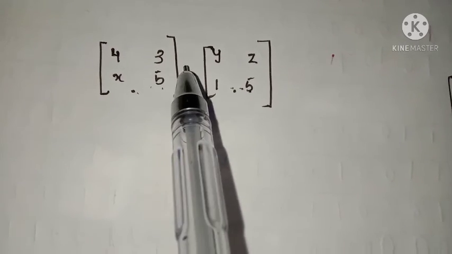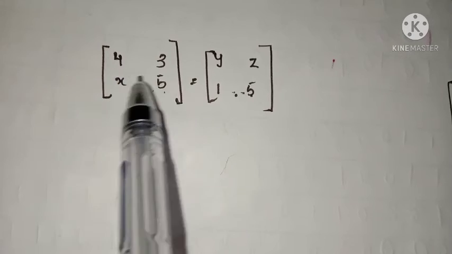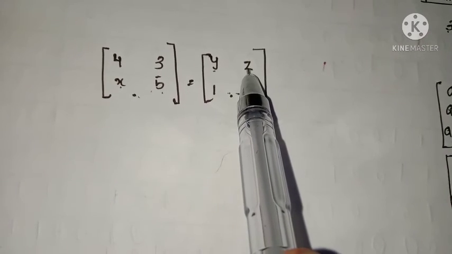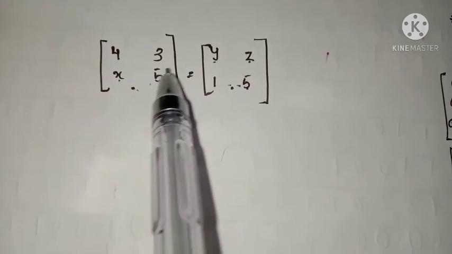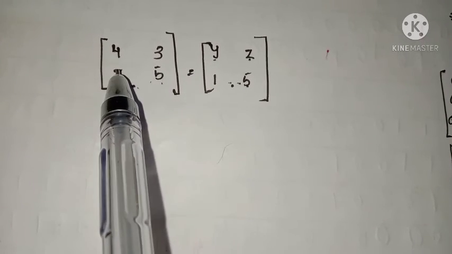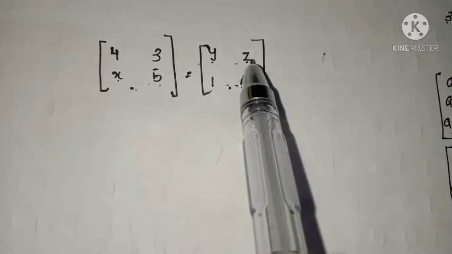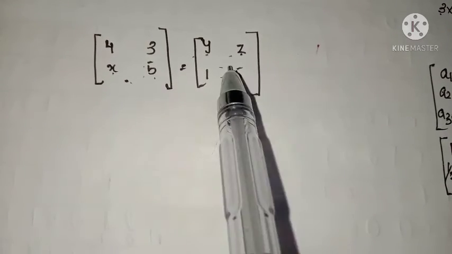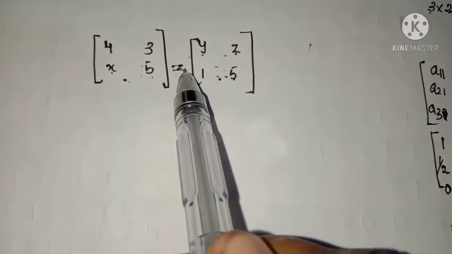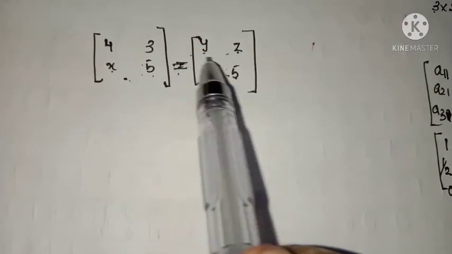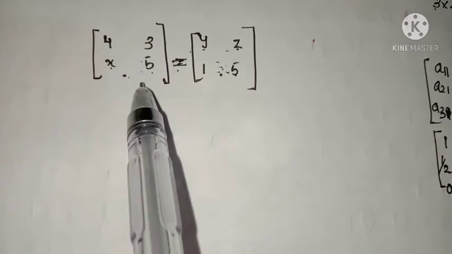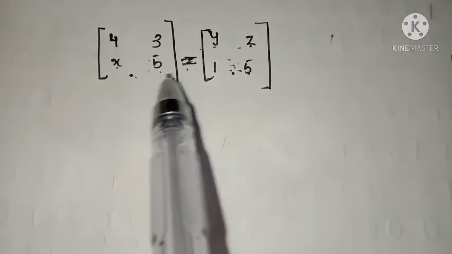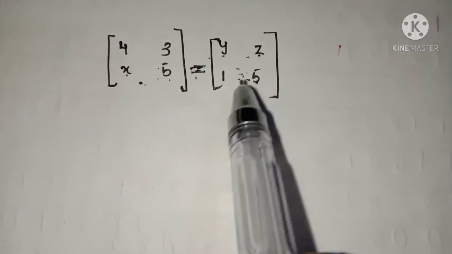Here you can see some unknown values: X, Y, Z. Obviously, our question is to find the values of X, Y, Z. To obtain them, these two matrices are equal, that is given. So there is a result: if two matrices are equal, then the corresponding entries or elements are equal.